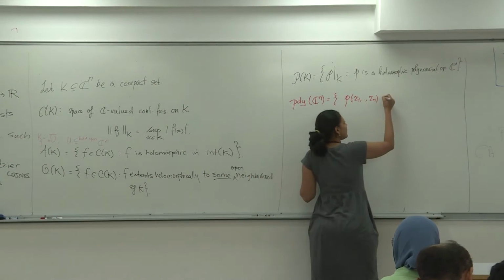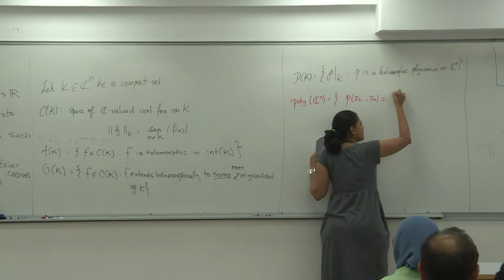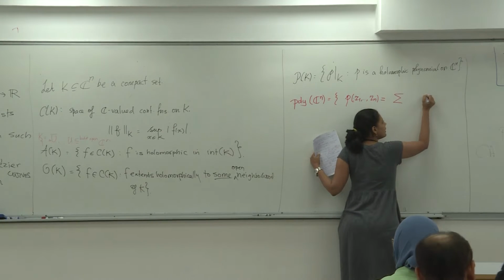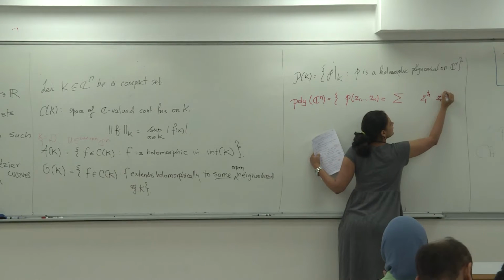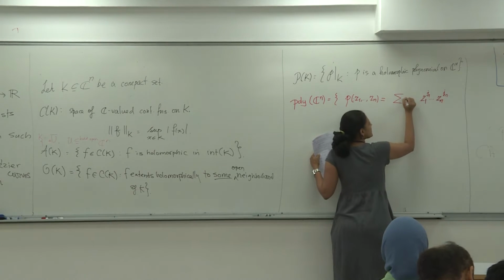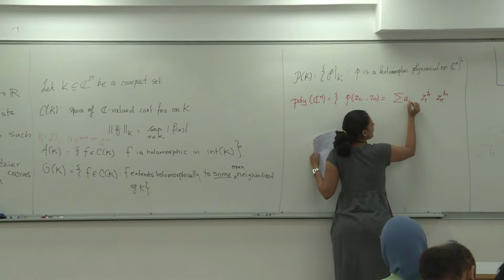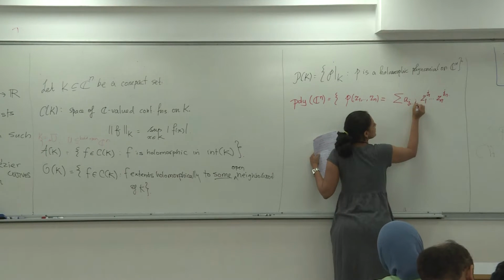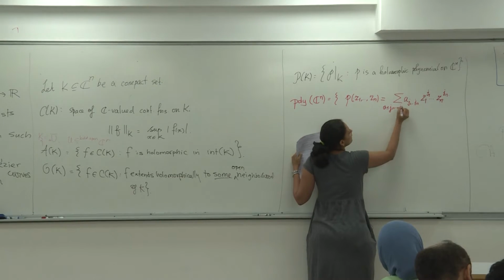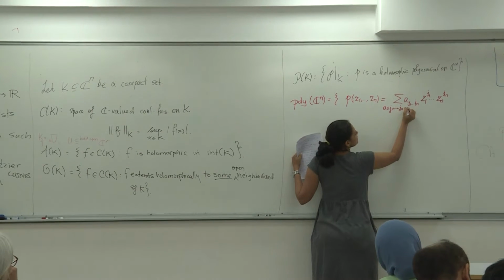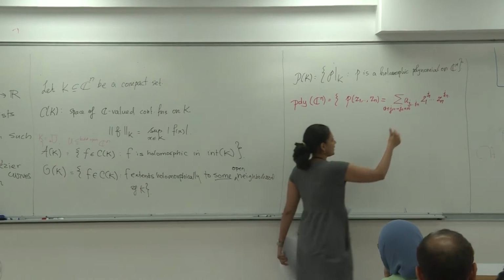So what are these holomorphic polynomials? These are polynomials in Z1 to Zn. And then there are some coefficients that depend on these powers, and J1 to Jn are non-negative integers which add up to some finite number.